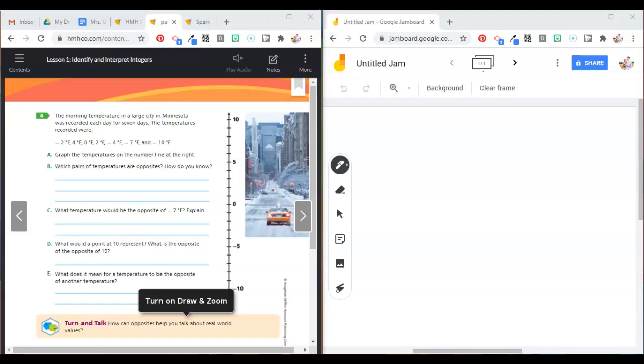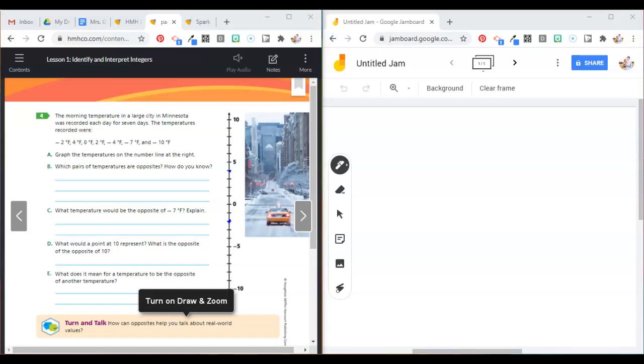So we're going to take all these numbers according to A. We're going to graph them on the line. Now, this is different than the lines we've seen so far. This is a vertical number line. So the positive numbers are on the top, the negative numbers are on the bottom. So we're just going to make a little dot on them. -2 would be -1, -2, we're right here. Then we have 4. So we're going to go 1, 2, 3, 4, and put our dot.